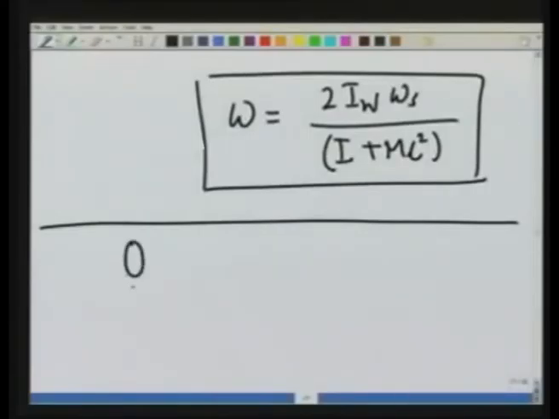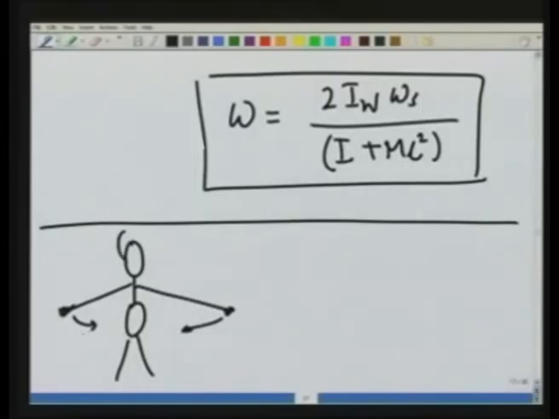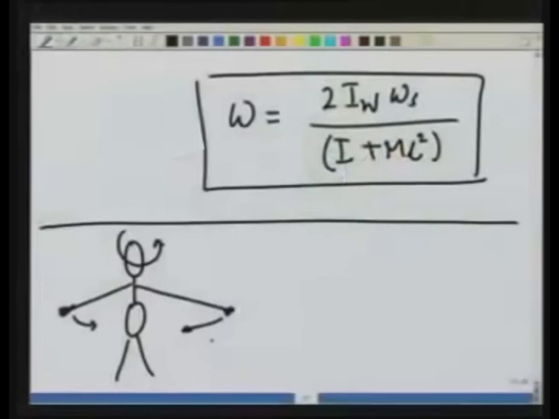Let me also try to understand, when I took this demonstration of having two masses far out and pulled them in, why did I start rotating faster? Can I understand this in terms of Newton's laws? Certainly yes. You see, when the hands are stretched out, they are moving with a speed, let us say omega L. As I bring my arms in, the speed goes down because the distance from the axis of rotation has gone down.